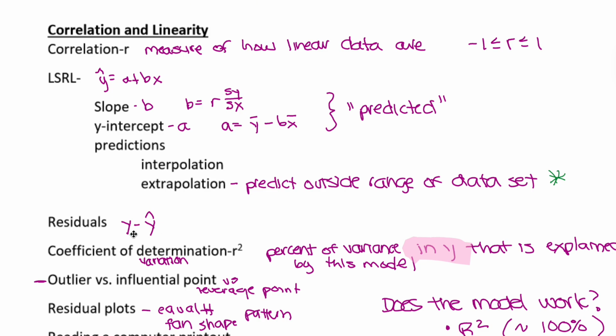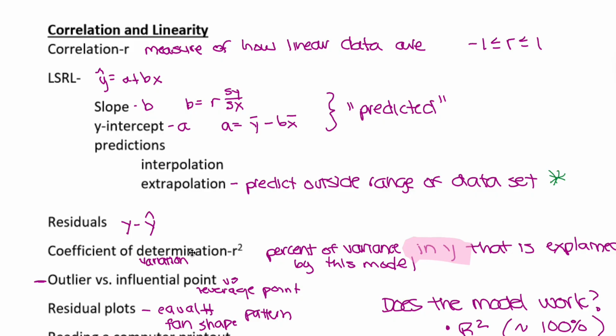Coefficient of determination, also known as r squared. Every time when you're calculating a standard deviation, you first find the variance. The variance corresponds with standard deviation, but the variation corresponds with the coefficient of determination, which is r squared.